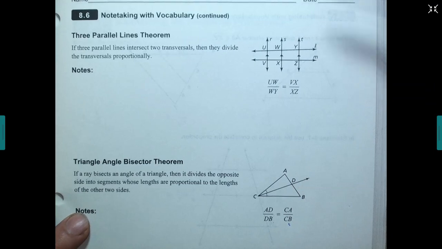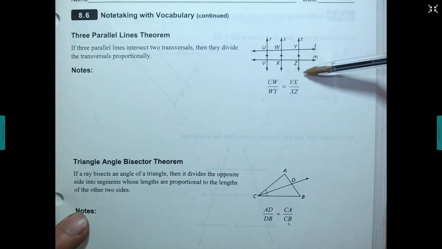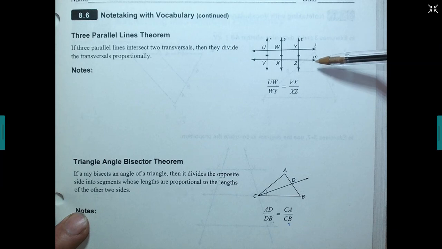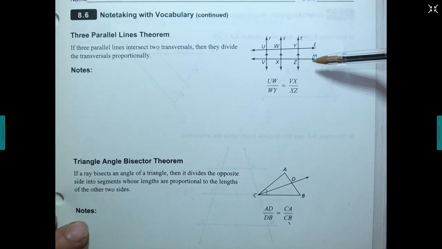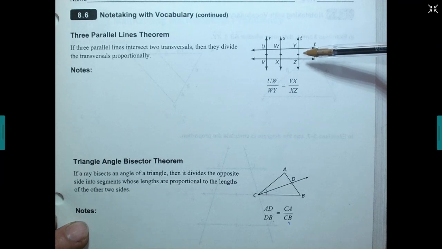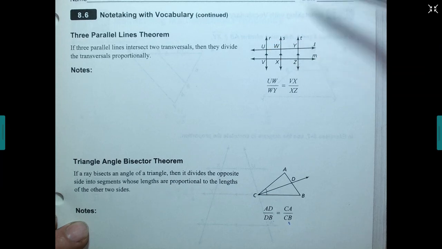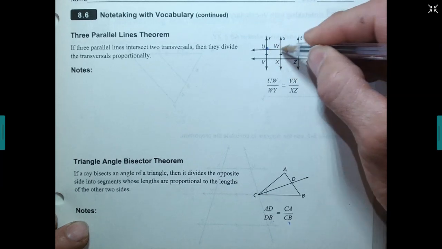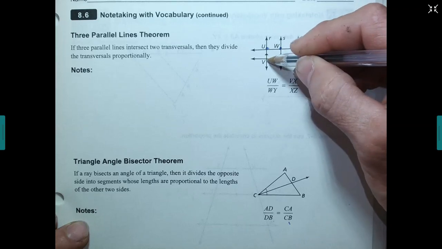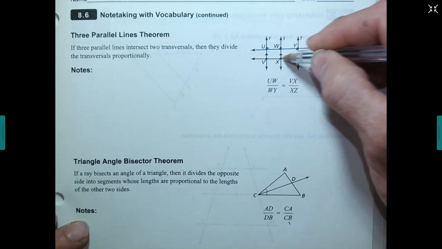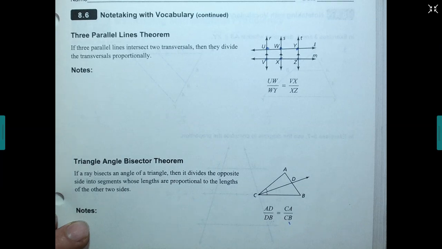If you have 3 parallel lines and 2 transversals, then they divide the transversals proportionally. So what you have is UW over WU equals VX over XZ.